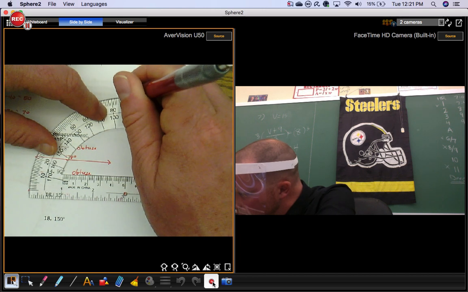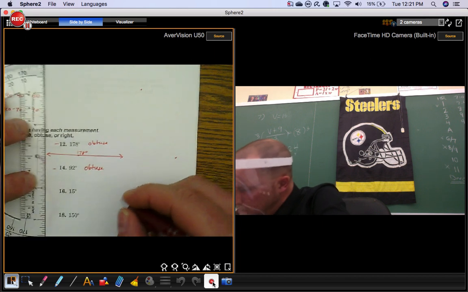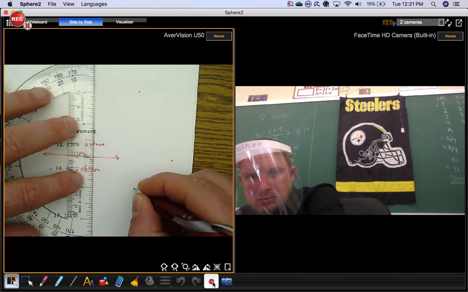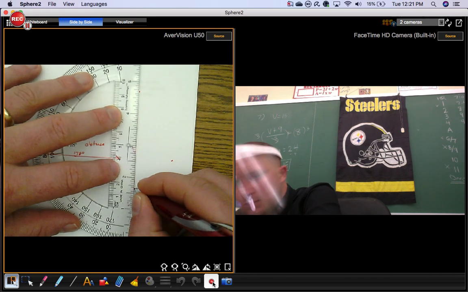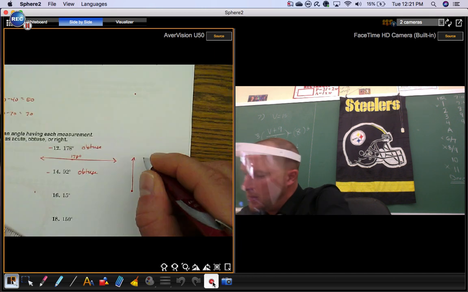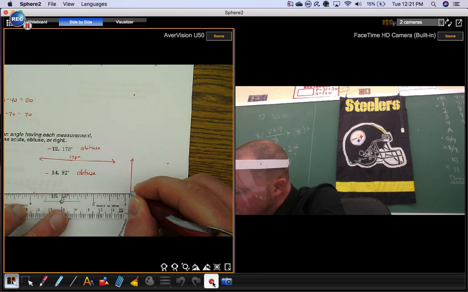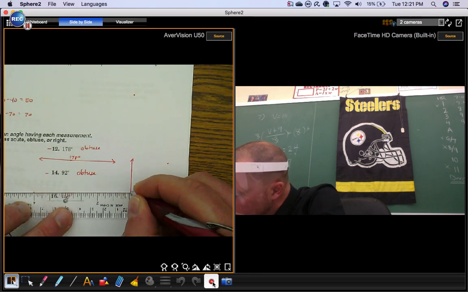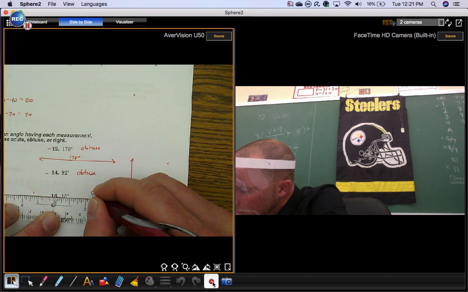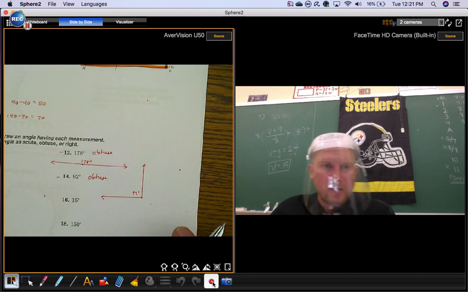I'm going to go 2 degrees more than 90. Line up those 2 dots and draw your ray as long as you'll want. I'm going to make sure my ray isn't kind of infringing on the workspace for another problem. So there's your 92-degree angle.